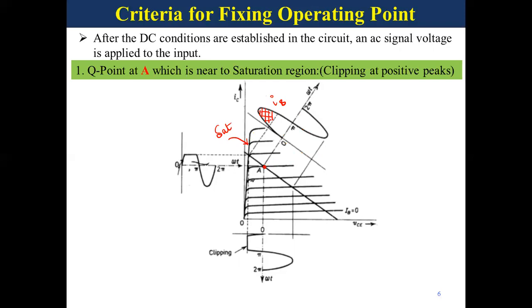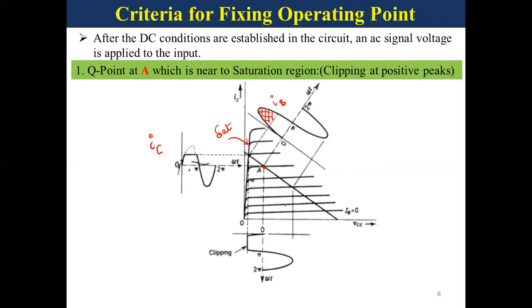In the saturation region, even though IB changes, there is no change in IC. The IC is constant at the saturation value, and hence we get clipping at positive peaks. If you project all these lines onto the y-axis, then we get the output current IC. In this, there is a positive clipping; the positive peak is clipped.